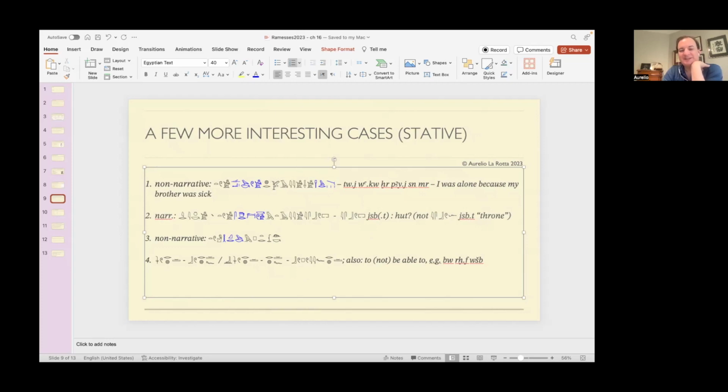But grammatically speaking, this here is a full sentence. My brother was sick using the stative, just like the first part is I was alone. So subject, stative, subject, stative. This is not a noun per se. So that's what I'm saying. Grammatically, I wouldn't agree, but if it helps to think of it that way, like as a bridge, sure, why not?